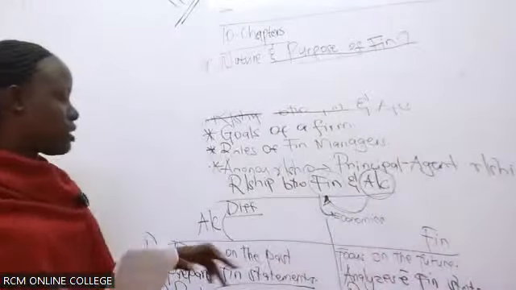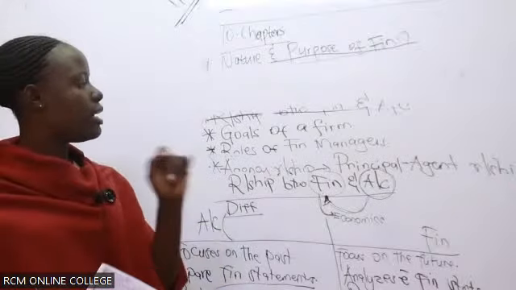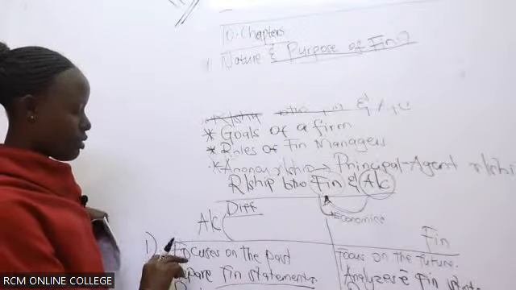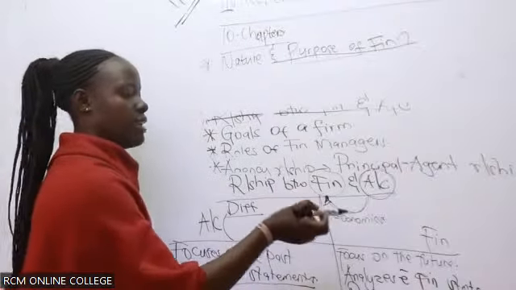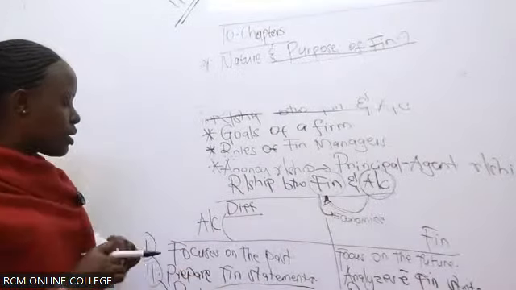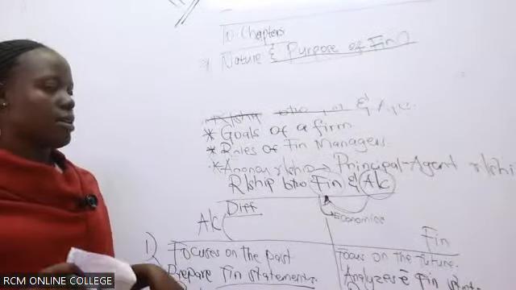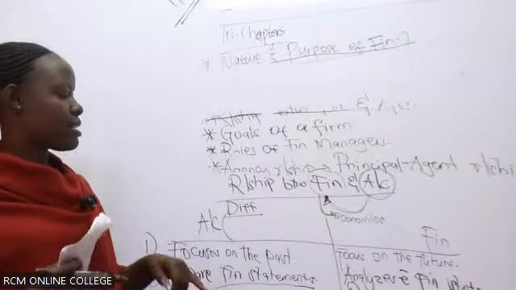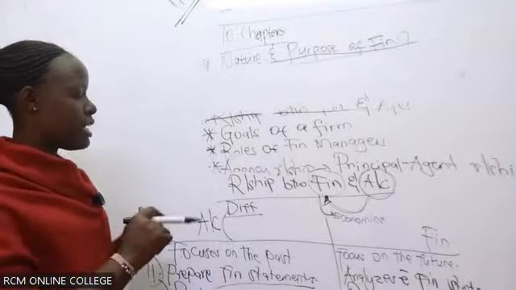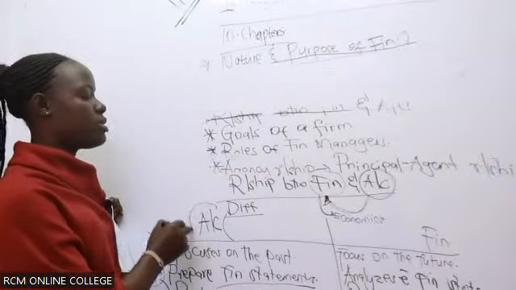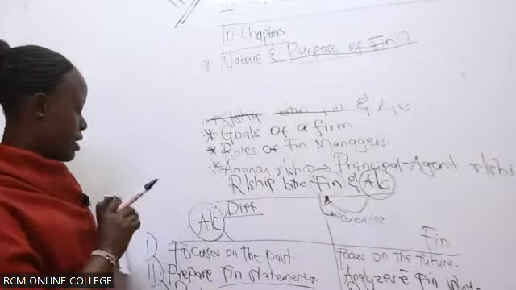So these are the four key differences between accounts and finance. The first one is that accounts focuses on the past, while finance focuses on the future. We can also say that accounts as a discipline prepares financial statements, while finance will analyze the financial statements from the accounts office.